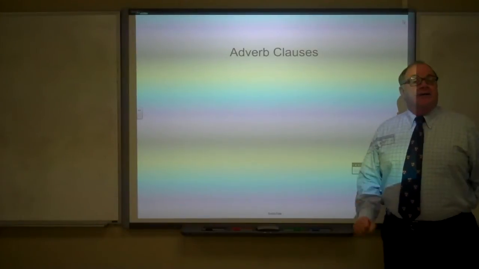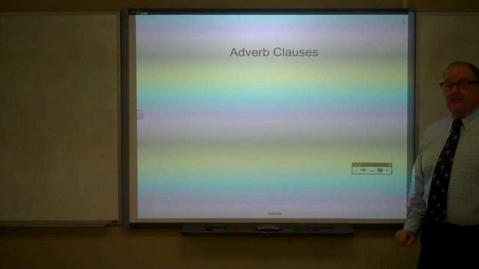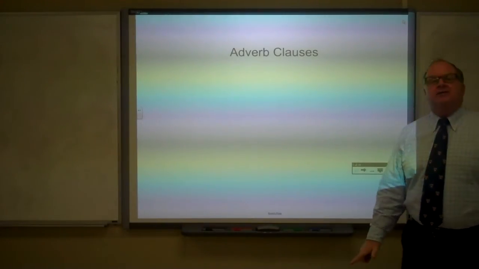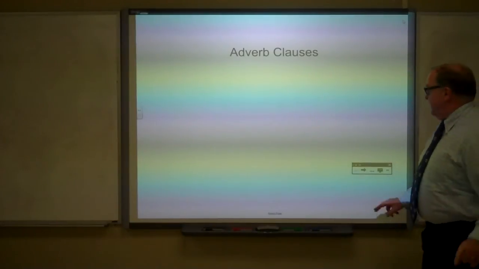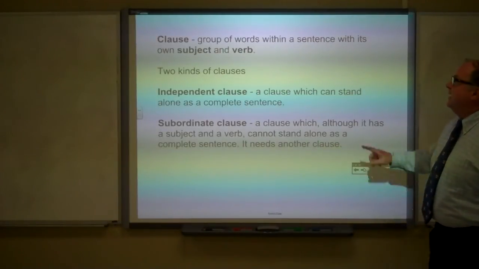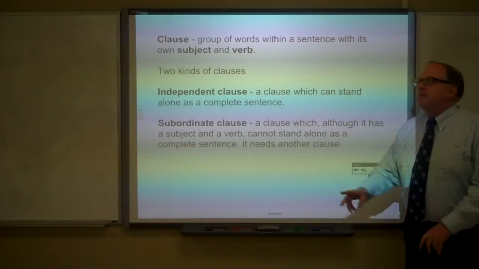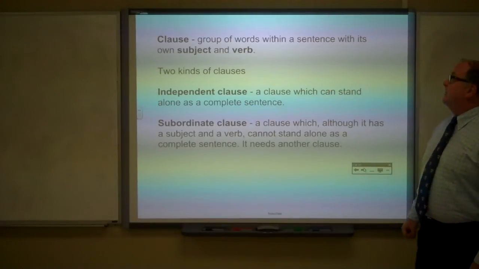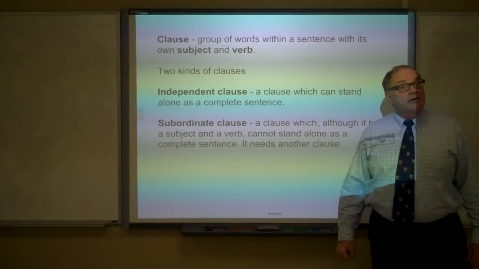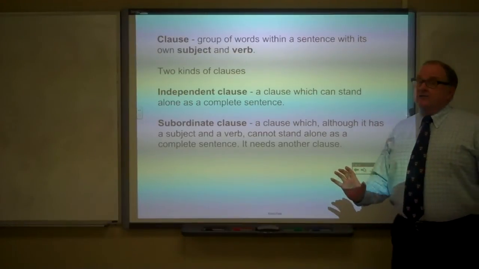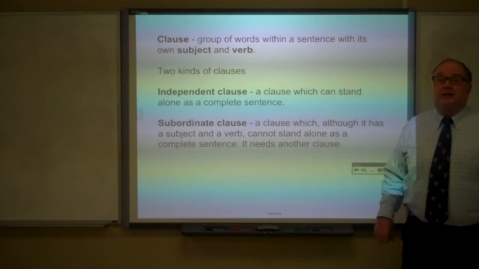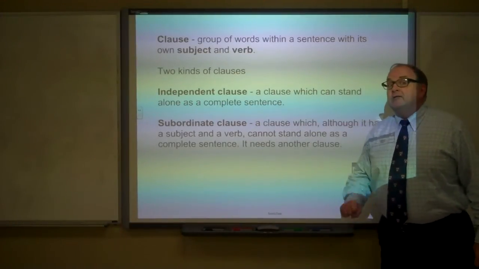Today, I want to take a look at adverb clauses, the next kind of subordinate clause we want to take a look at. Just a reminder from last time, remember a clause is a group of words within a sentence with its own subject and verb. You recognize a clause because it has both a subject and a verb. There are two kinds of clauses.